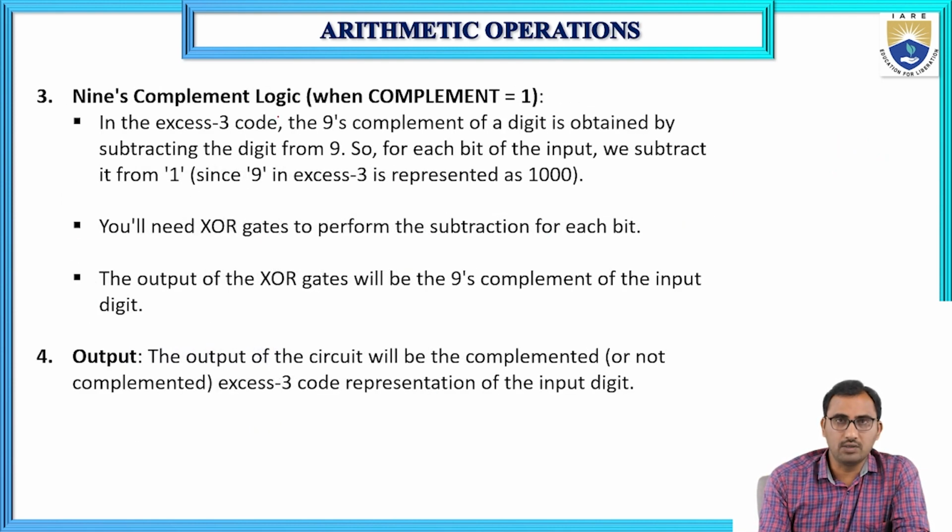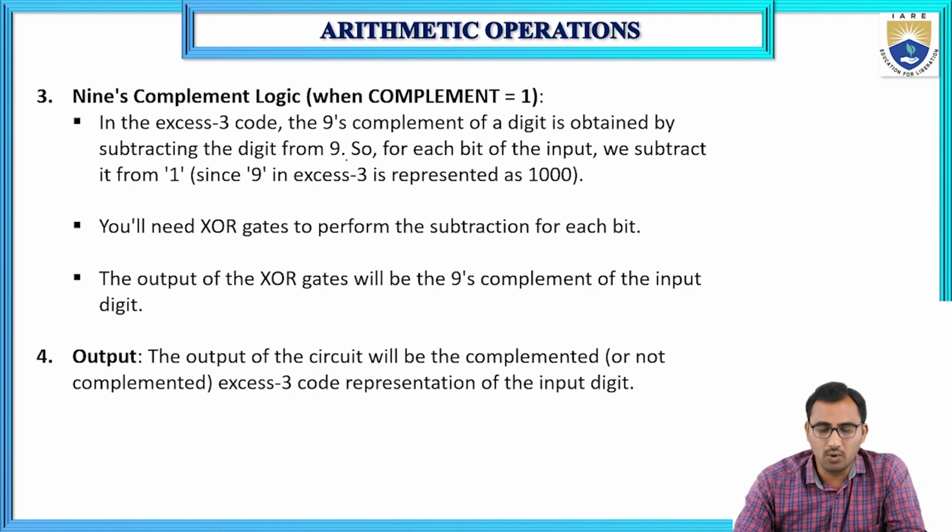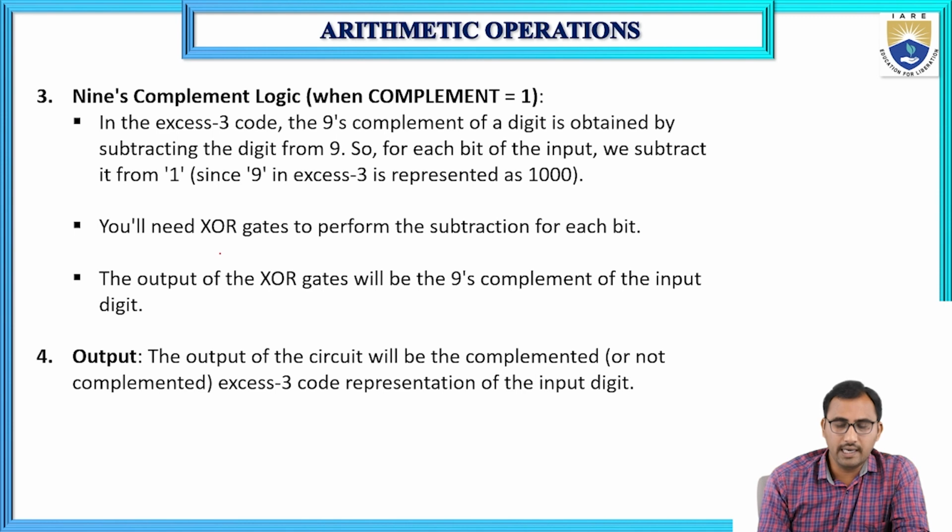Now the 9's complement logic. In the XS3 code, the 9's complement of a digit is obtained by subtracting the digit from 9. For each bit of the input, we subtract it from 1. So you will need some XOR gates to perform the subtraction for each bit.